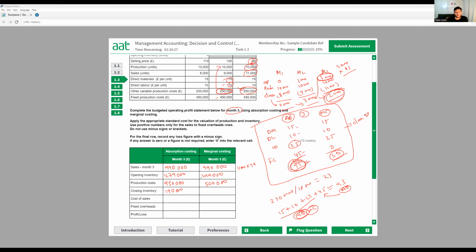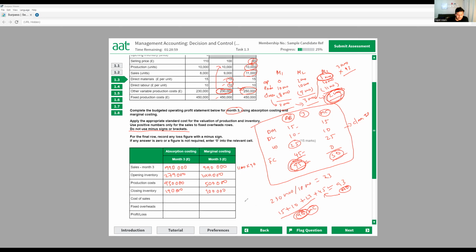Remember, the closing inventory is taken away from the cost of sales, but the question said do not use a minus sign or bracket. If the question clearly mentions not to use the minus sign or the bracket, don't do that. Just write the positive figure. For the marginal, 2,000 times 50 is 100,000.